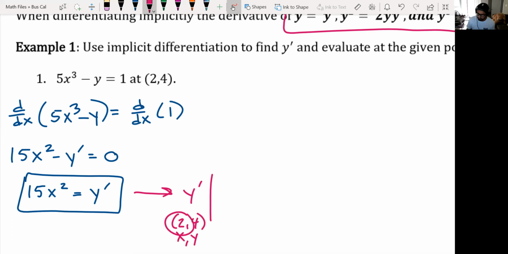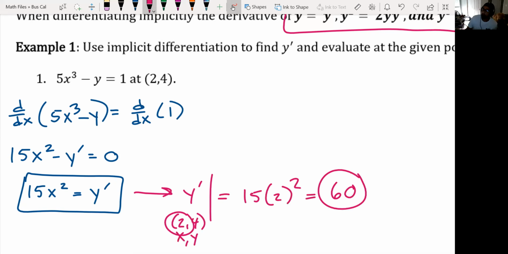So all we do here is take 2 and plug it in for x. That's it. So this would become 15 times 2 squared, which would give me 15 times 4, which is 60. That's all we had to do. Maybe I'll keep writing this notation.